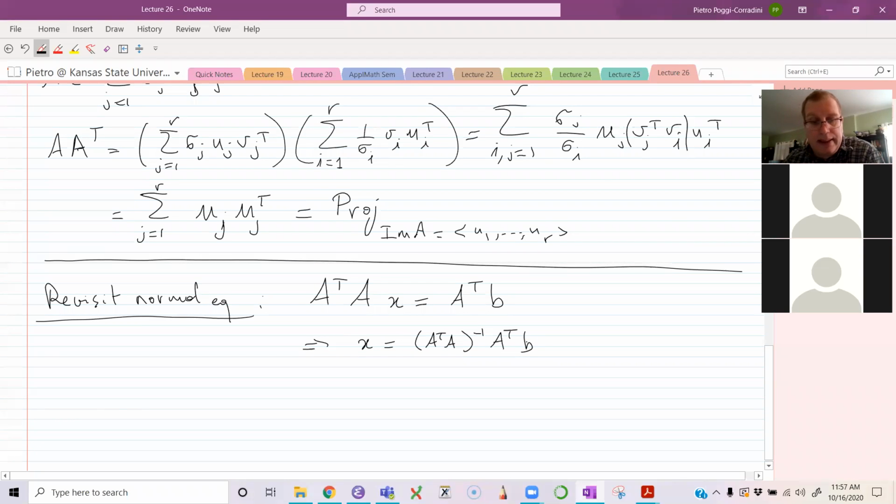Right? But that's exactly, you know, this is A plus B. That makes sense? So that's why it's called a pseudo-inverse. It's the least squares solution of the system.